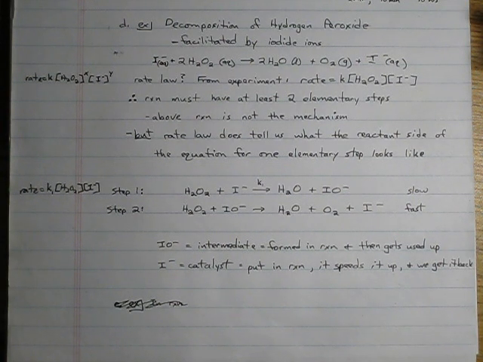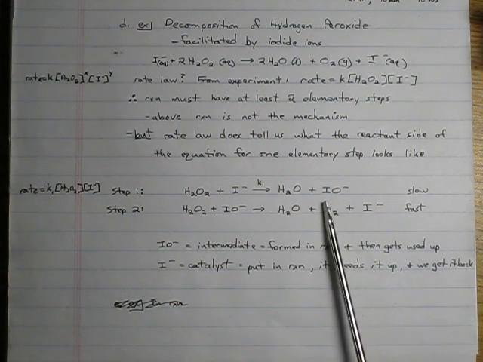Okay. Now the question is, though, how do we know if this mechanism is the correct mechanism? That's not always the easiest to figure out. Actually, a lot of chemistry goes into trying to find out if this is the right mechanism or not. But one way to look for it is this mechanism predicts that we make IO minus.